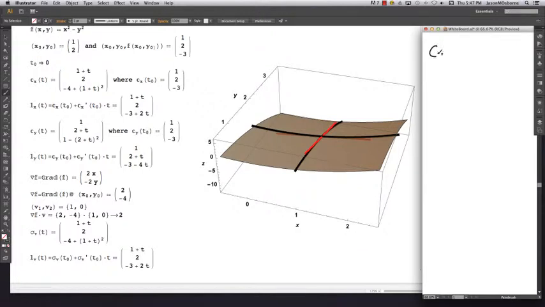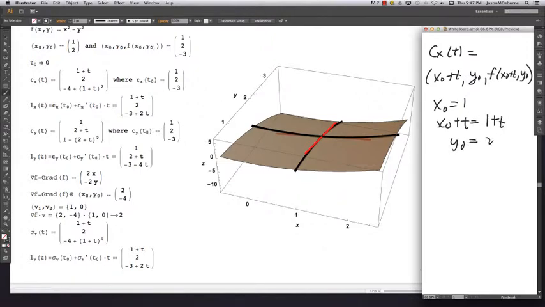We created the curve on the surface by doing the following. We did x naught plus t, we did y naught, and then we did f of (x naught plus t, y naught). That's where we're getting this curve right here for this function. So notice that our x naught was 1, so x naught plus t is just 1 plus t.